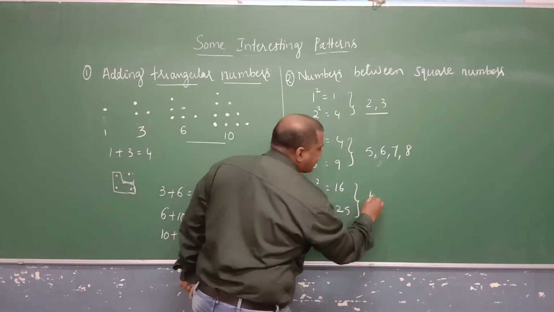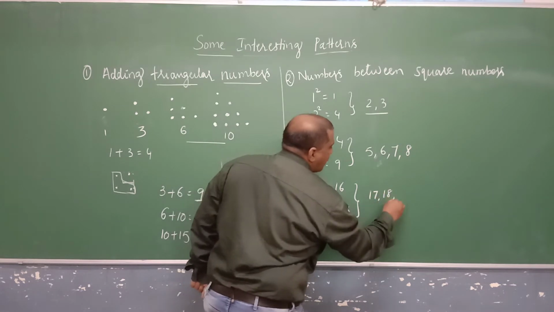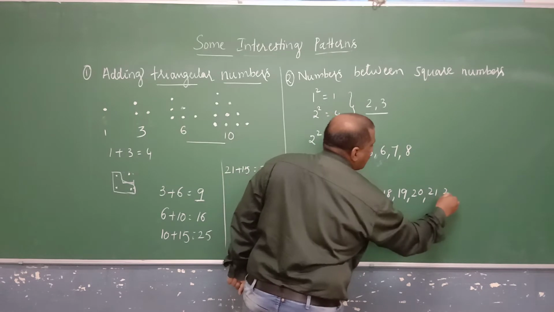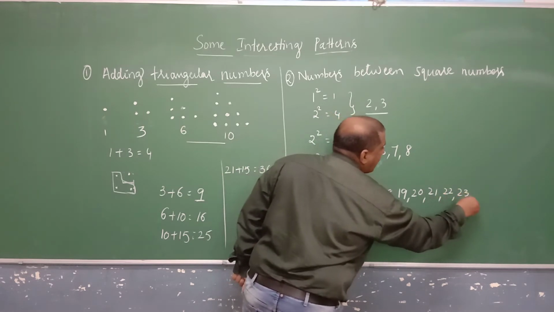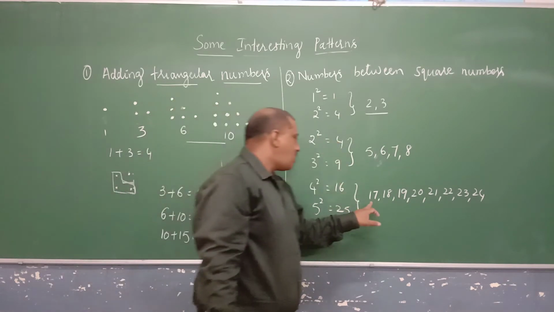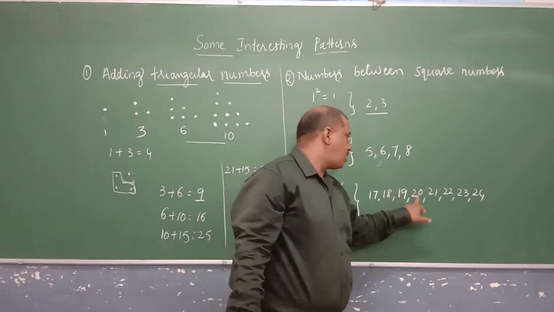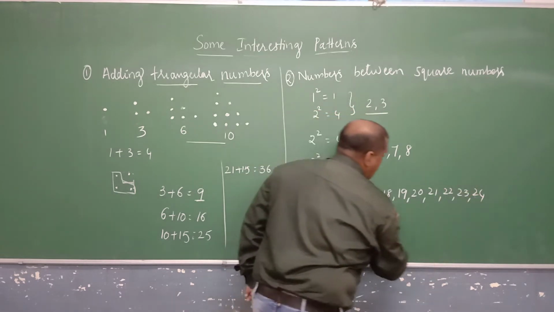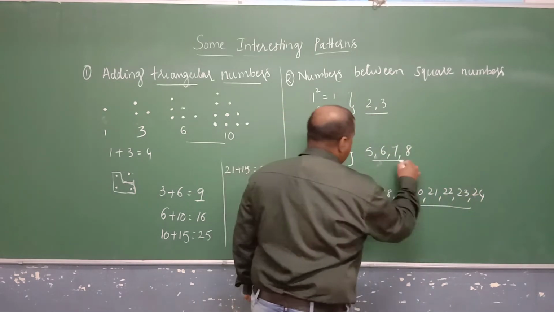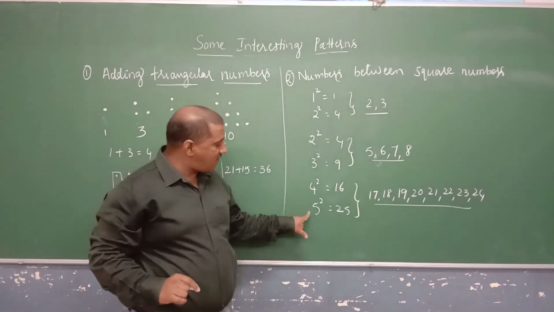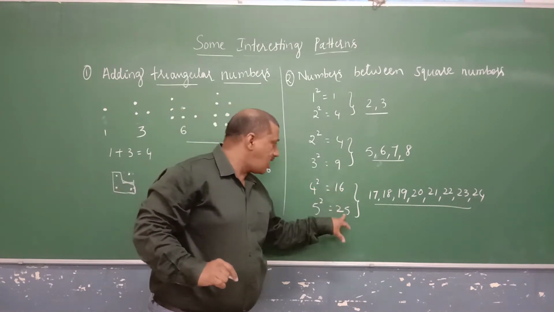Let me write 17, 18, 19, 20, 21, 22, 23 and 24. Now how many numbers are there here? 1, 2, 3, 4, 5, 6, 7, 8. 8 numbers are there which are non-perfect square numbers between 4 square and 5 square, that is 16 and 25.